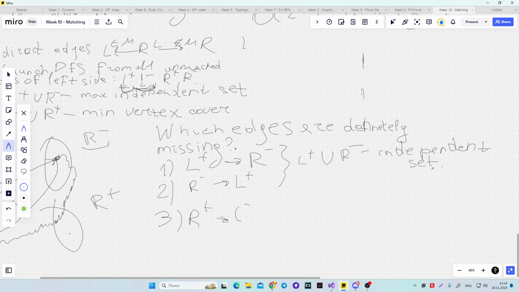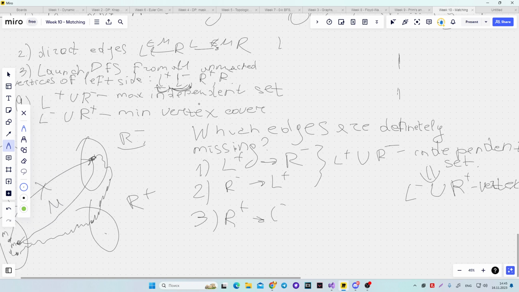It means L minus union R plus vertex cover, because addition to independent set is vertex cover, and we want to prove that this set is maximum.